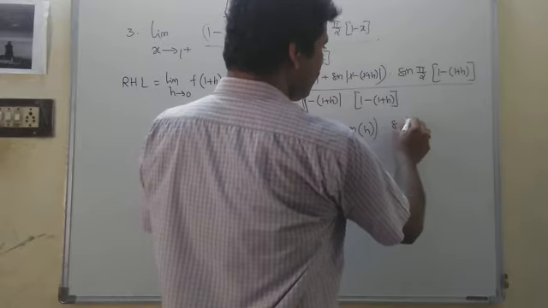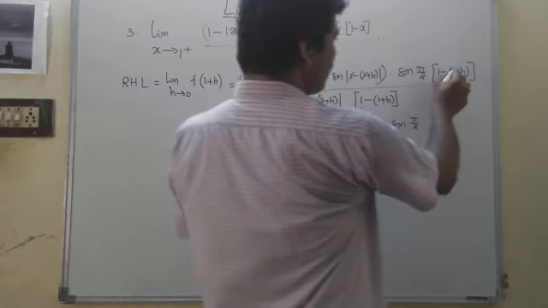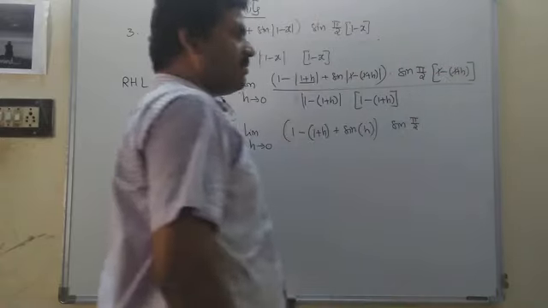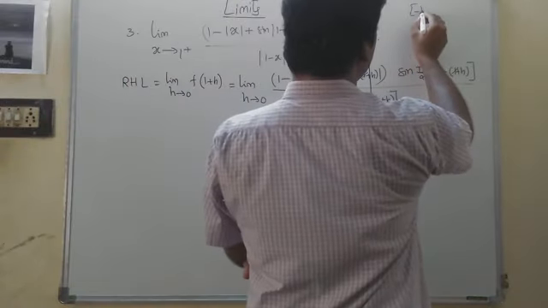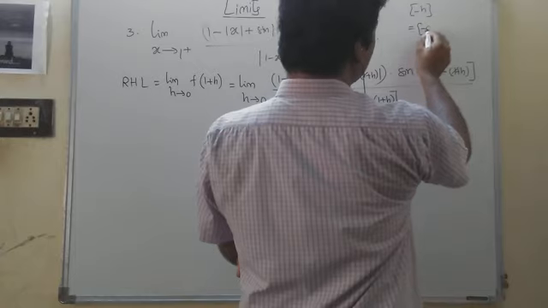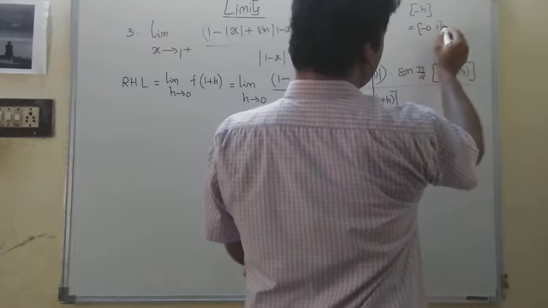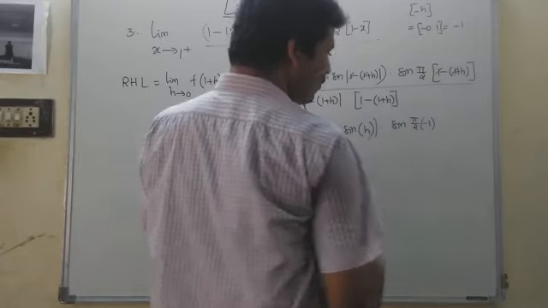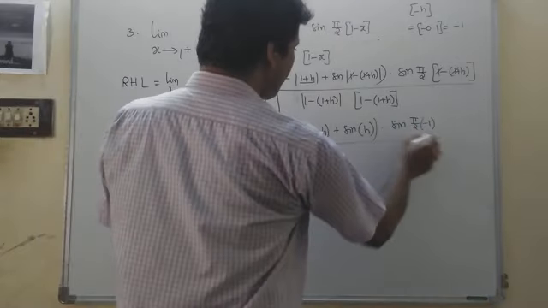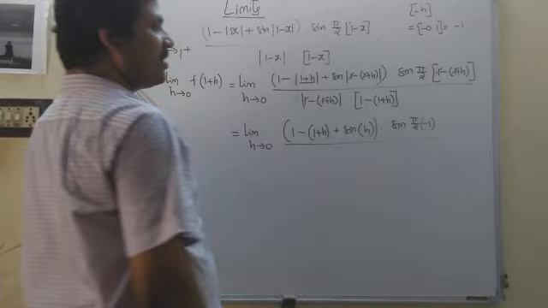Sin pi by 2 into 1 cancel, minus h. What is the box of minus h? Box of minus 0.1 is minus 1, and pi by 2 into minus 1 by 1 gets cancelled, minus h.